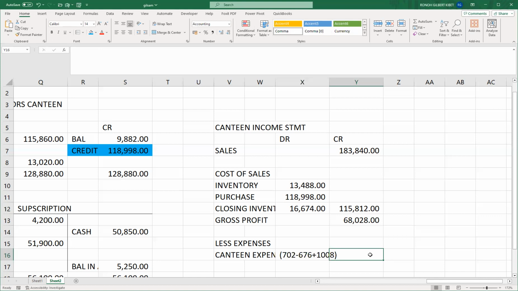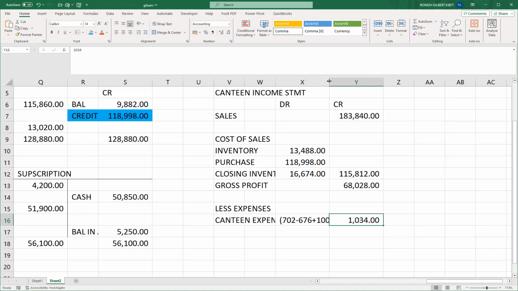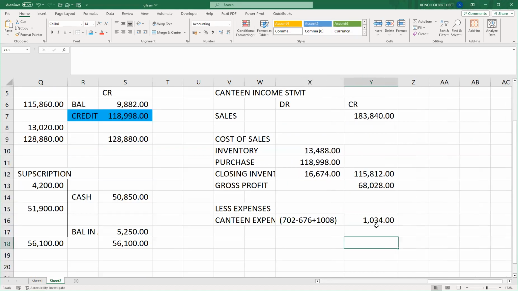So that one would be 702 minus 676 plus 1,008. So we have 1,034. This is the current expense we should expense in the canteen. Oh, I've seen. I actually calculated it correctly, but I transferred the wrong figure. Okay, I've seen where I made a mistake.